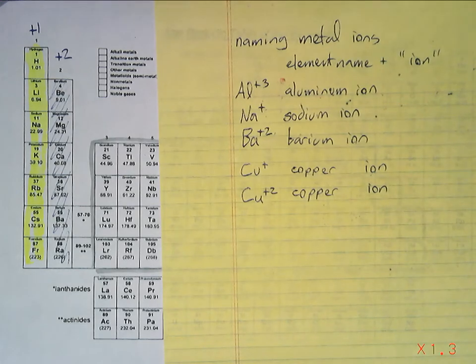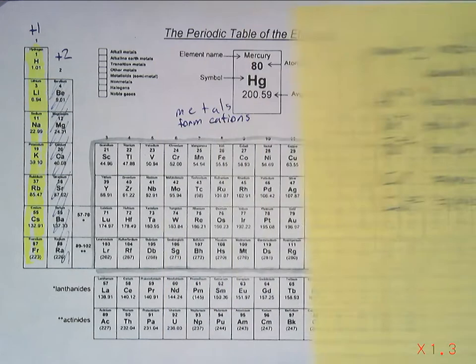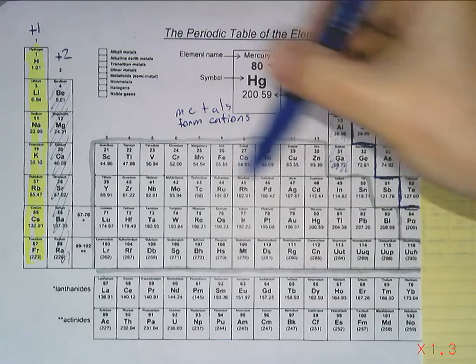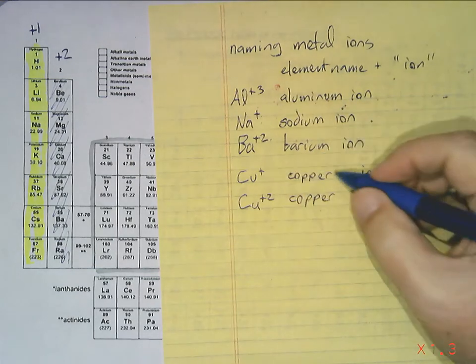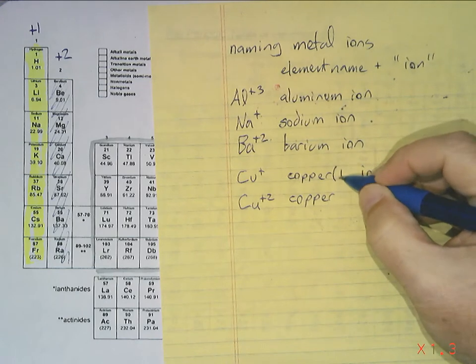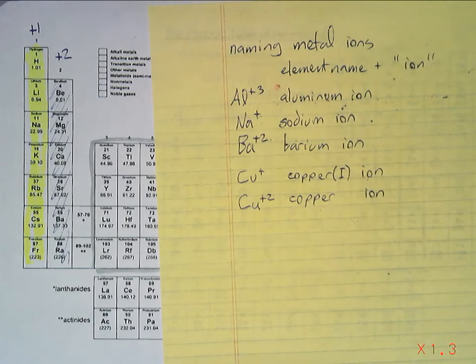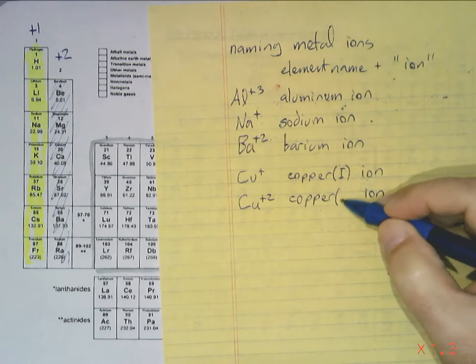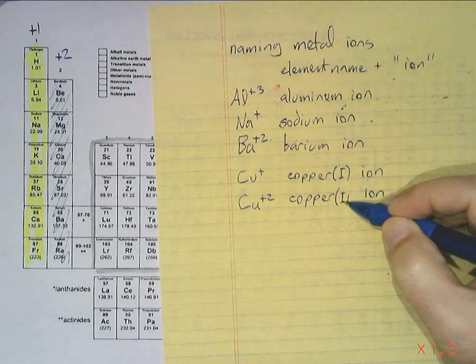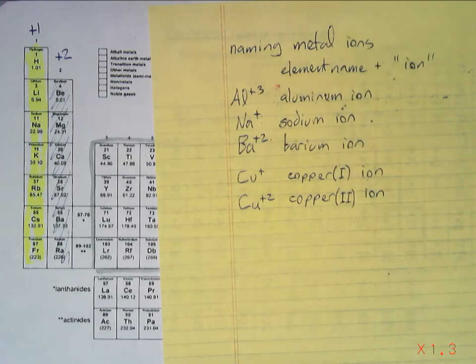So what they do is, for things that are in my silver area here on the periodic table, you take the charge and make it into a Roman numeral and put it after the name. No spaces in there. So this would be a copper 1 ion. This would be a copper 2 ion. You use Roman numerals here. Okay?